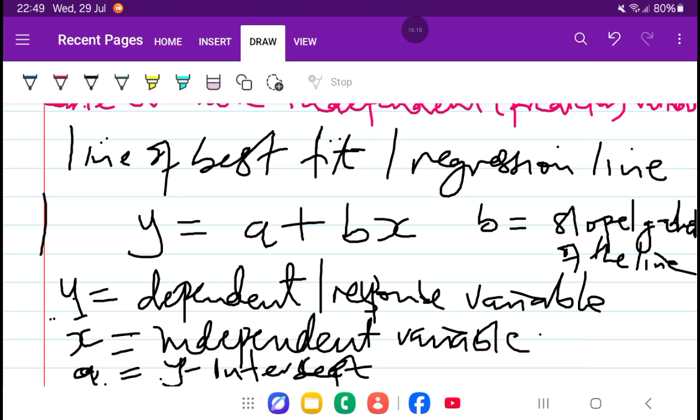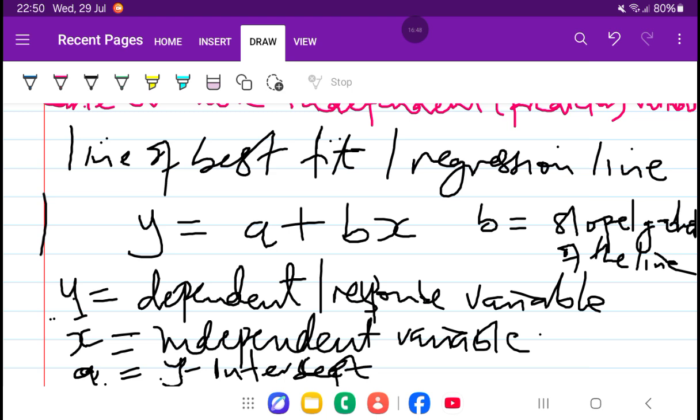But on the regression side, we can predict a particular value of y for a specific value of x, and we can have more than one variable.